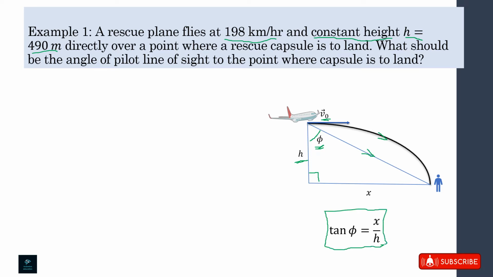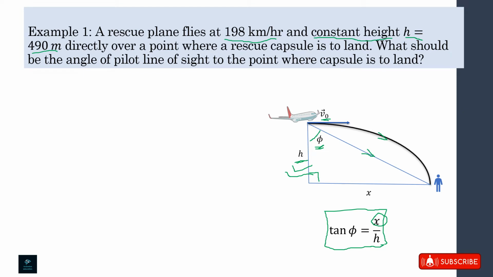So to determine phi, we need to know the values of x and h. Value of h we already know. Value of x can be obtained by solving horizontal equation of motion. But before solving horizontal equation of motion, we need to know the time taken by the rescue capsule to land, and that time taken can be obtained by solving vertical equation of motion.